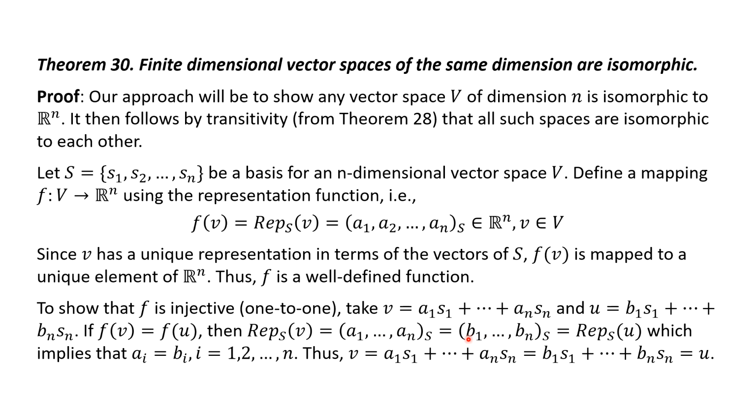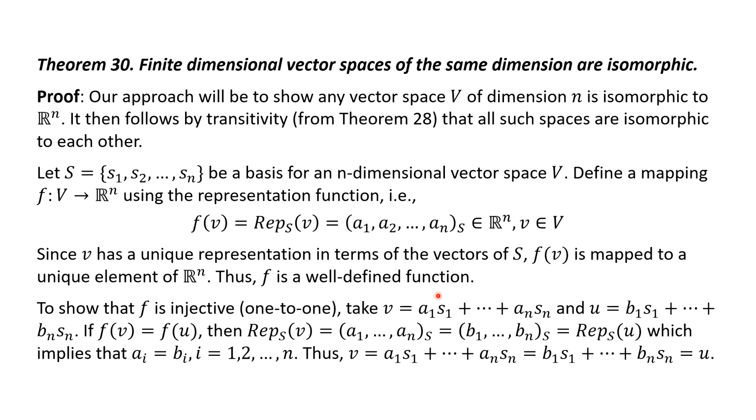But if these two vectors in Rn are equal to each other, then a_i equals b_i for i equals 1 to n, and thus v equals this linear combination. But since each one of the a_i equals b_i, that equals this, and that equals u. So if we have this, then it forces us to have u equals v, and that was one of the ways of proving something is one-to-one.